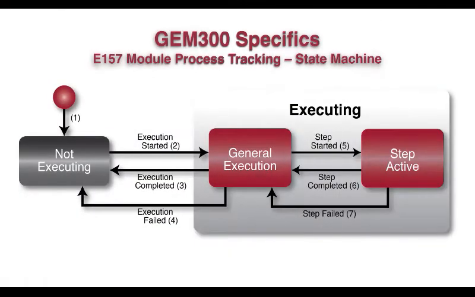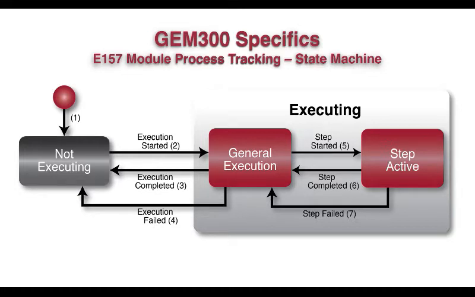You can see on this Harel diagram that there's two major states in the E157 for a process module. One is not executing, where there's no wafer present and no recipe active, and then executing. And within the executing state, there are two substates, one for general execution, which is really between individual steps, and then a step active state, which is the transition to every individual step within a recipe.